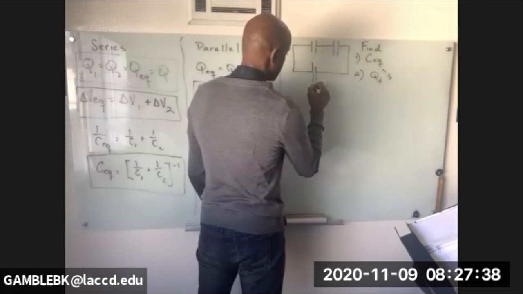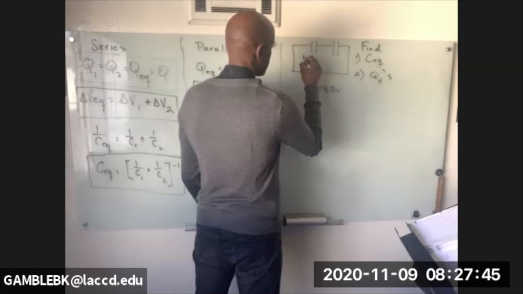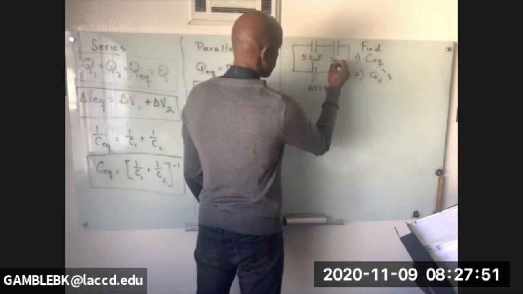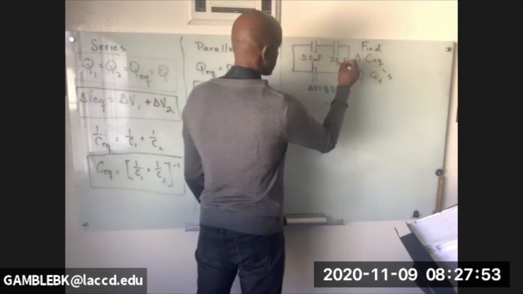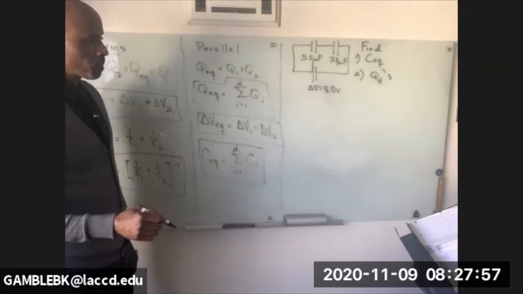The battery will be delta V equals 8.0 volts. This will be 5.0 microfarads and 7.0 microfarads. So note the significant digits.